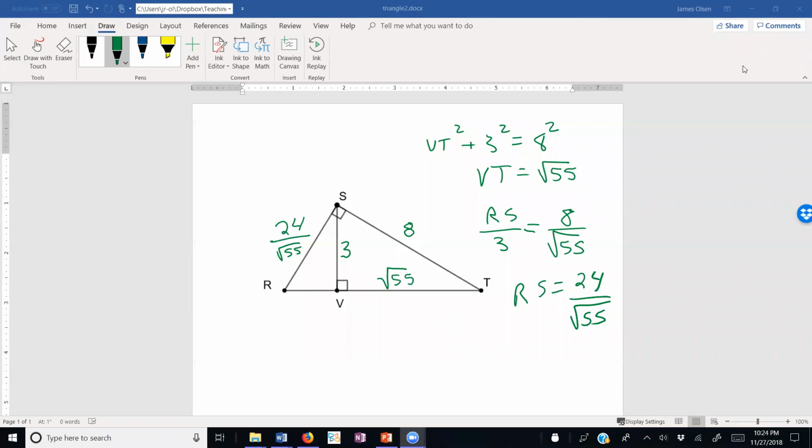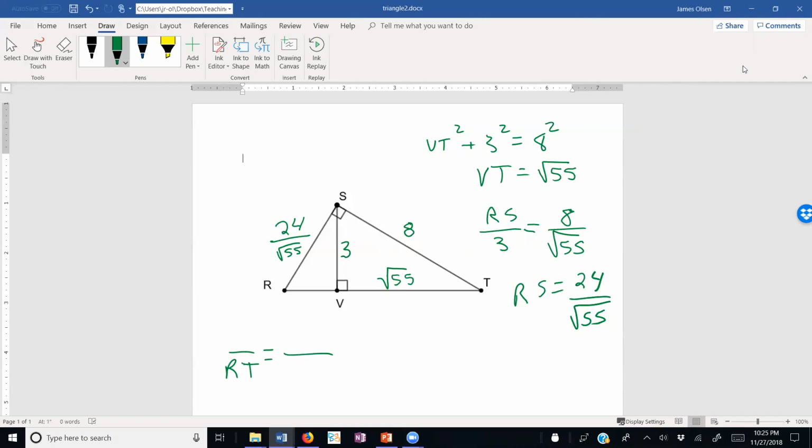Now we could use the Pythagorean theorem to find RT, or we could use similar triangles again to find RV, or similar triangles to find RT. Maybe I'll do it that way. So looking at the right-hand triangle and the large triangle, let's see how we would set up our proportion. I want to find RT, which is my hypotenuse.